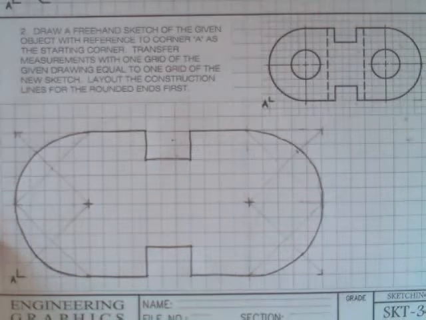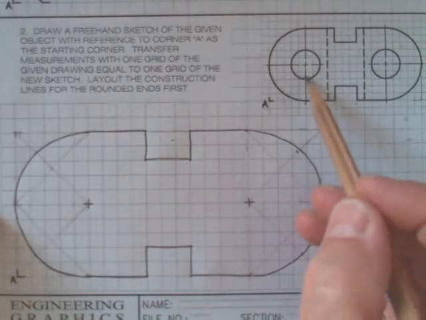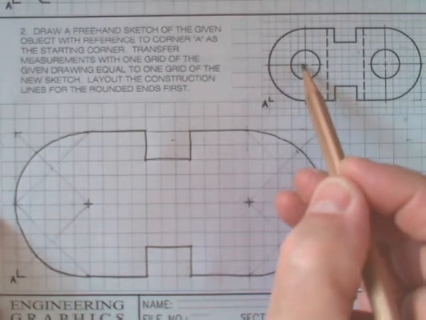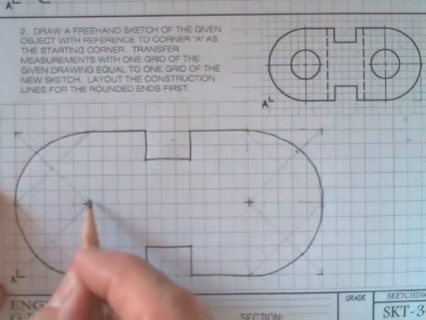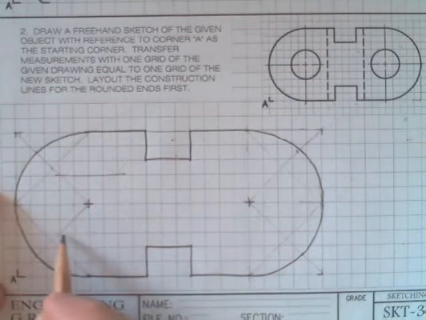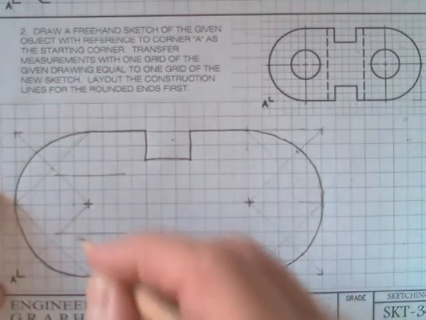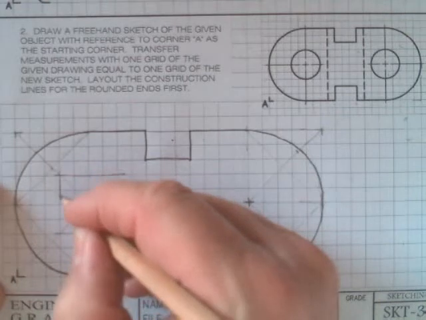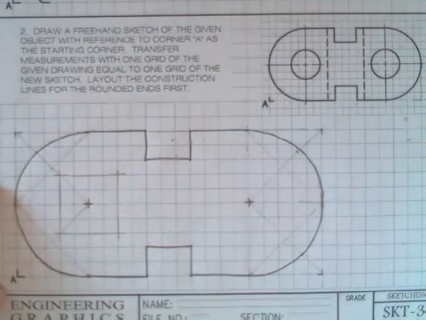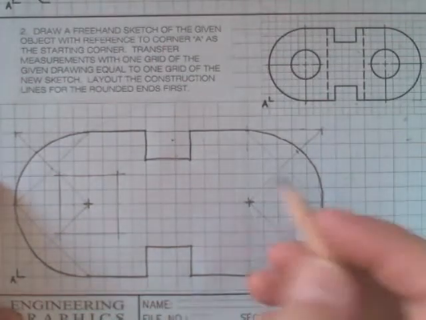The next item I would suggest, let's go to the two circles here. 1, 2 is the radius on each side. 1, 2. So with that, I'm actually going to draw a very, very light box for each one.